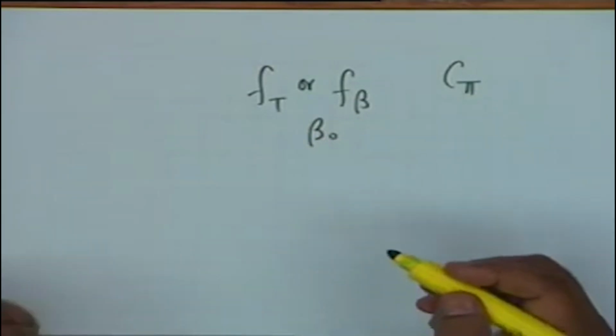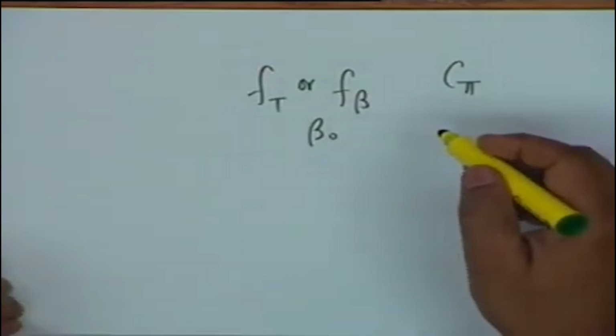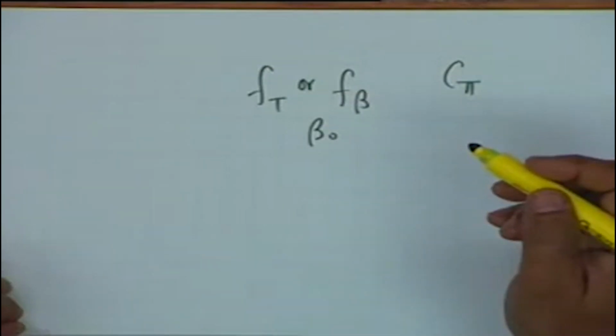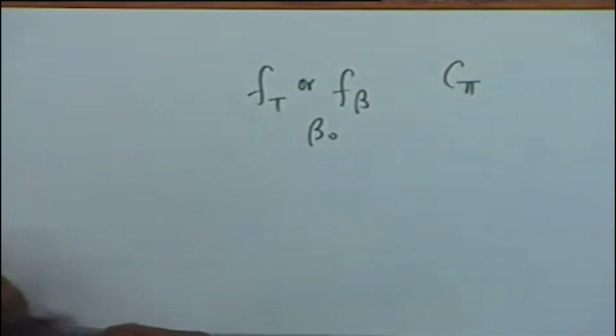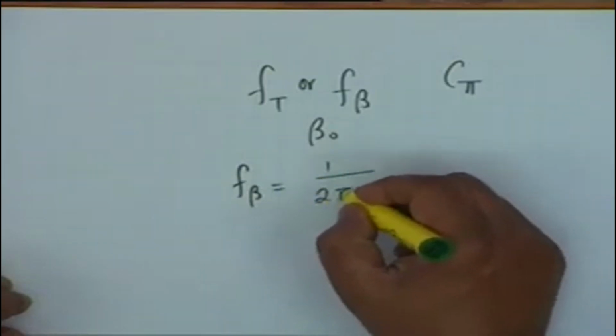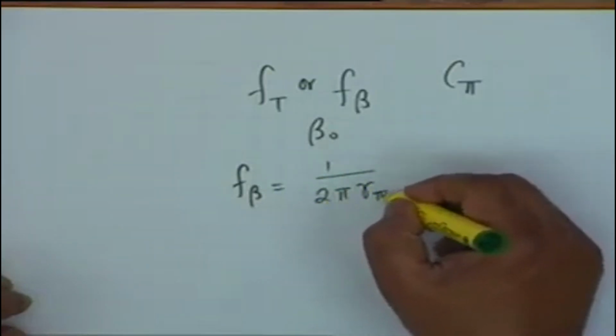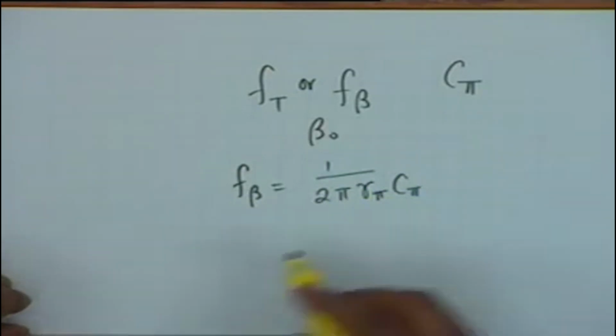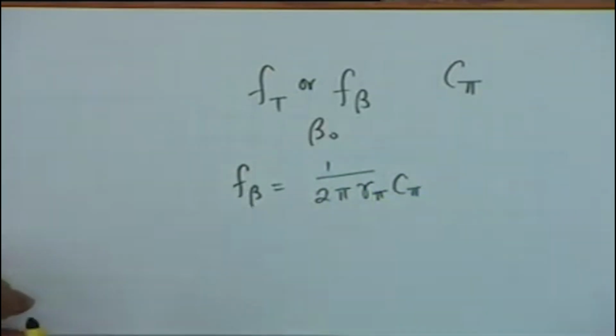Then you know that, is that enough for specifying a transistor, f_beta and f_t? f_beta, as you know, is 1 over 2 pi r pi C pi. So it is not enough to specify f_beta and beta; r pi must also be specified, or you must find out r pi. How do you do that?